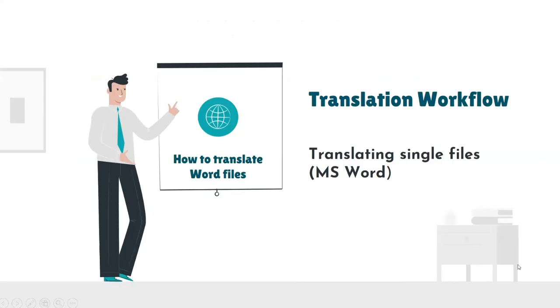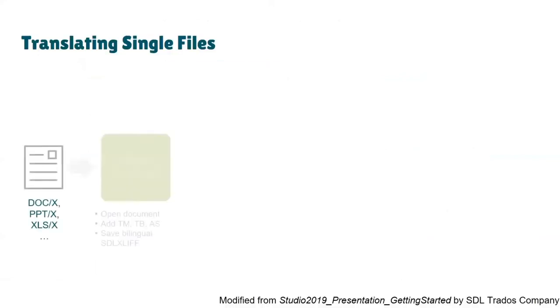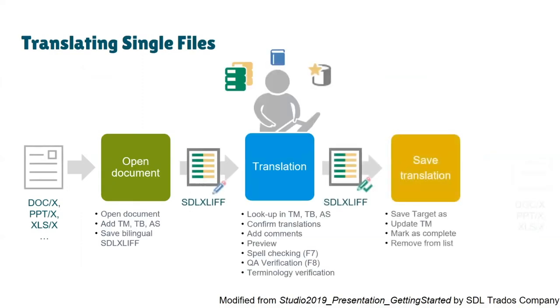Now, let's take a look at the workflow. We will use how to translate a single file, like a Word file, as an example. The whole procedure will be like this. First, we open the document and then we add translation memory, term base, and auto-suggest dictionary.